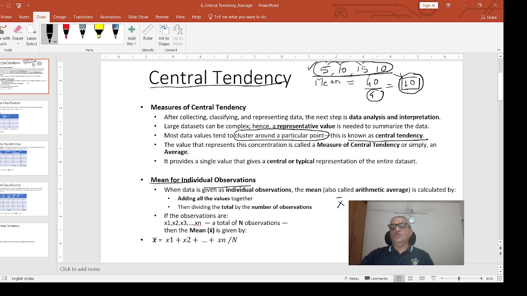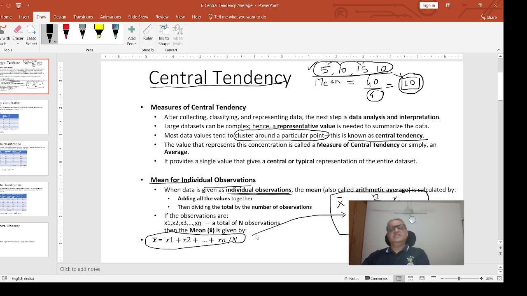Arithmetic mean is represented by x bar, and x bar is equal to sigma xi, i equal to 1 to n, where n is the number of observations, divided by n. This is the typical formula to calculate arithmetic mean for individual observations.